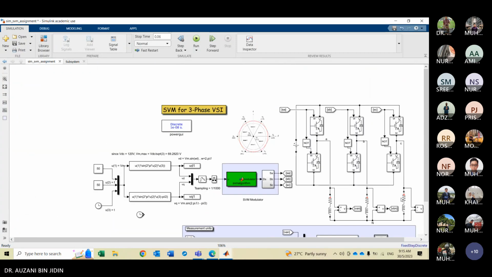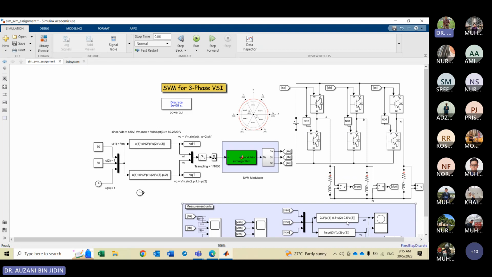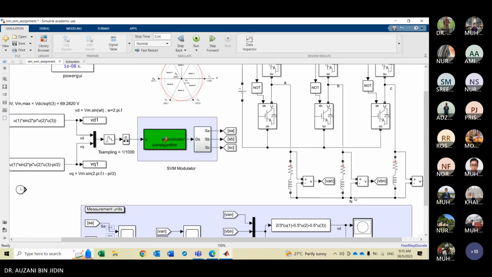Okay, then you measure the phase voltages VAN, VBN, VCN using the voltage measurement block.